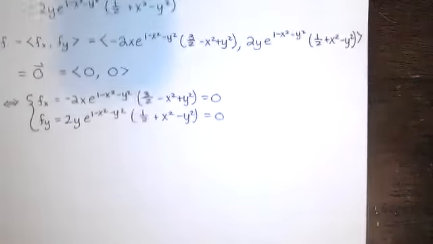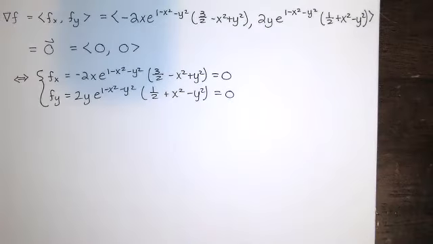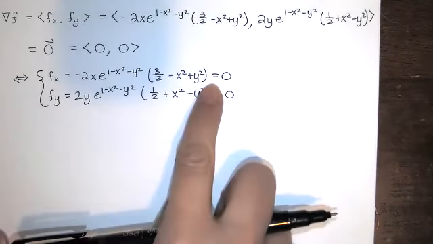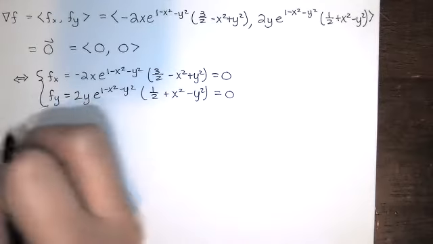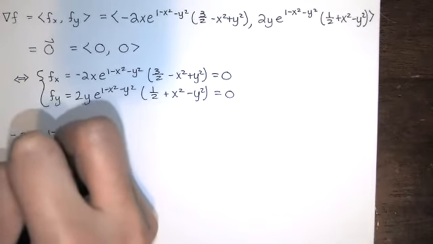The critical points are the set of all xy pairs where that happens. Okay, so I need the partial of f with respect to x to be 0. Now I like to split this up into several cases.